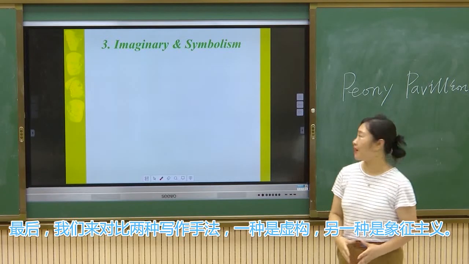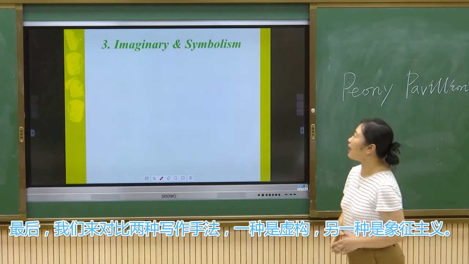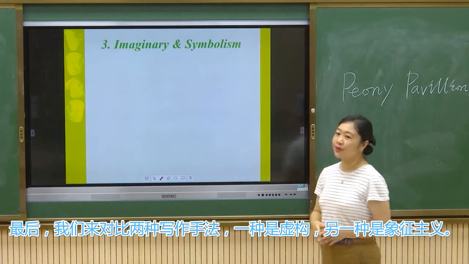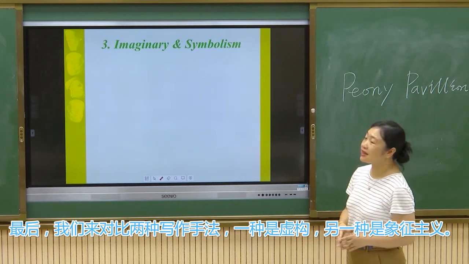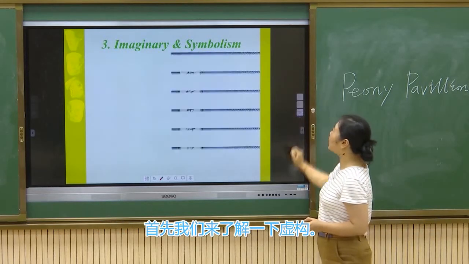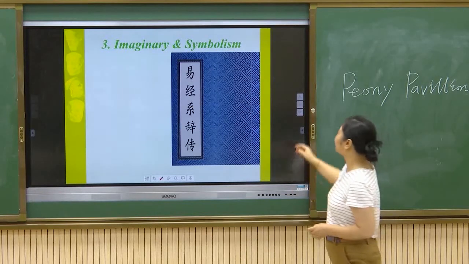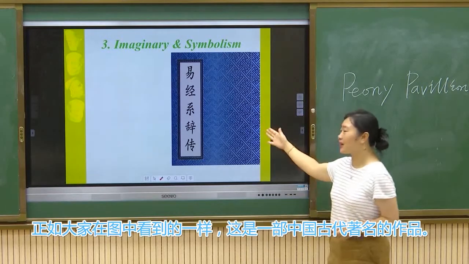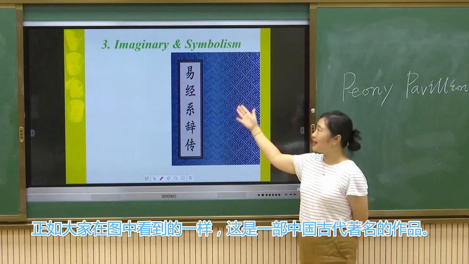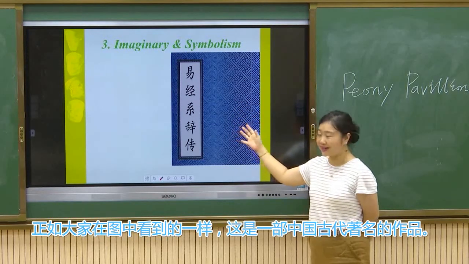Last, we compare 2 writing techniques. One is imagery, the other is symbolism. Let's get to know what imagery is. Okay, as you can see from this picture, this is a very famous Chinese ancient work, right?